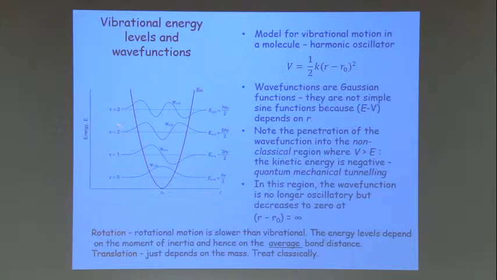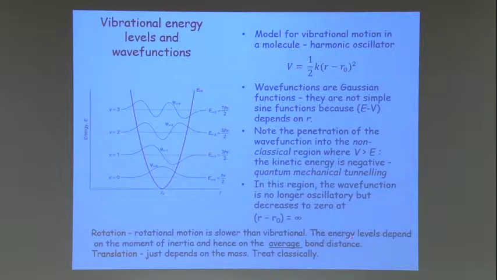Okay, this is just a reminder about vibrational energy levels. They depend upon this restoring force here, and essentially on the curvature of this potential well down here. If you calculate that curvature from the potential energy surface, you can determine the vibrational frequencies.